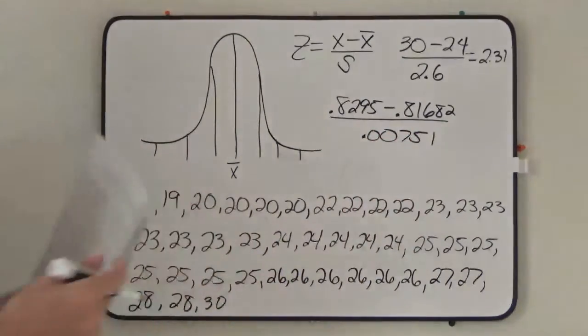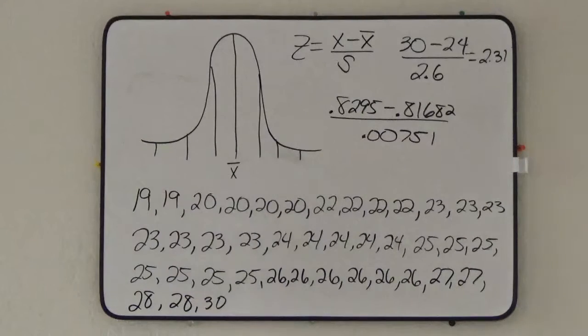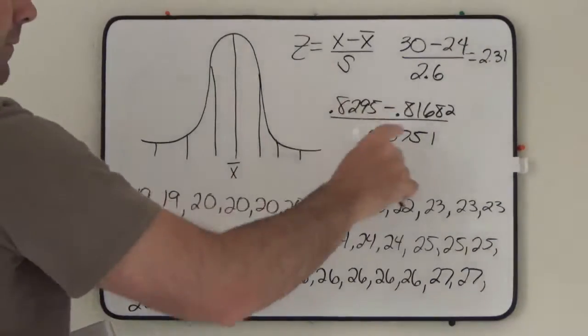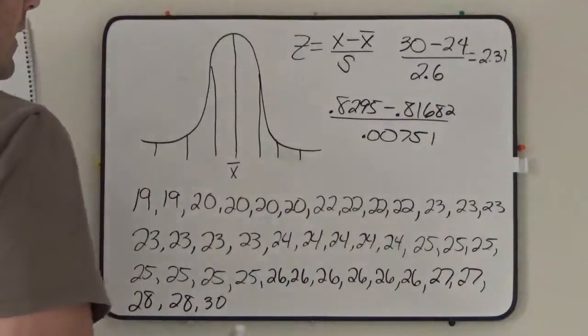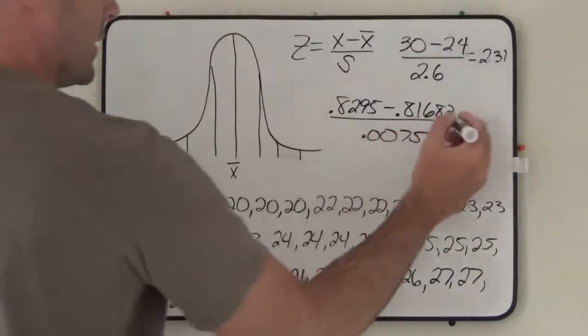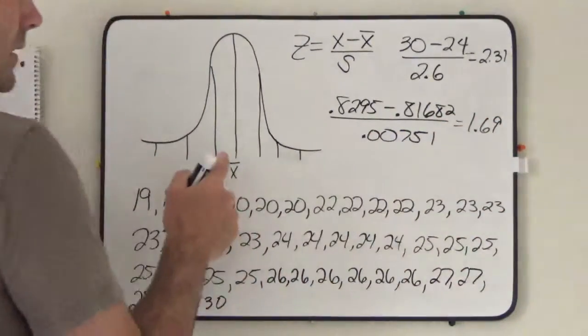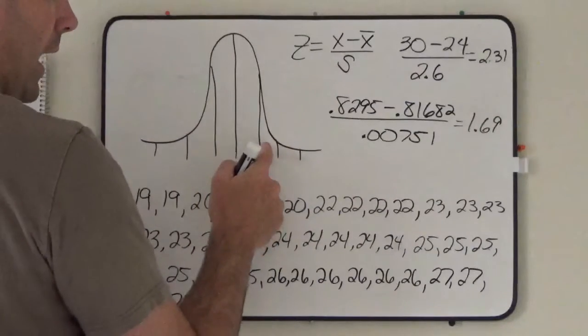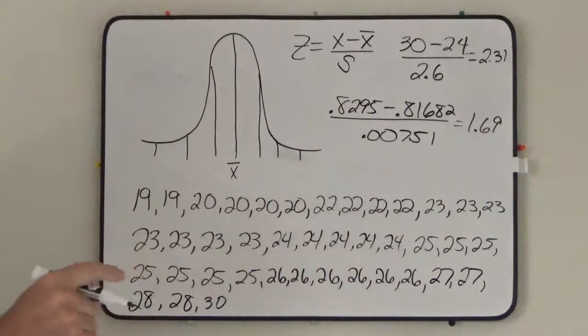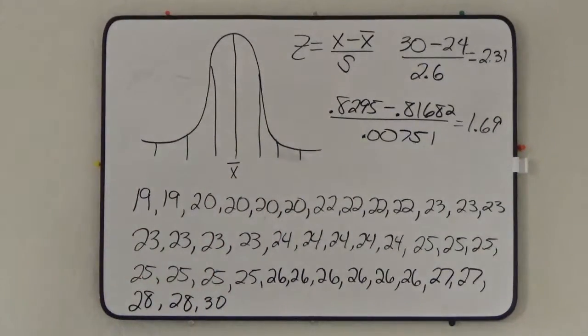Now if you look back in the videos, this is one of the last things that we taught, so this should be fairly fresh to you, okay? When you solve that, again, you'll solve the top first and then the bottom, and the answer you'll get is 1.69. That means this is 1 and a little over halfway through almost to the 2 deviations.